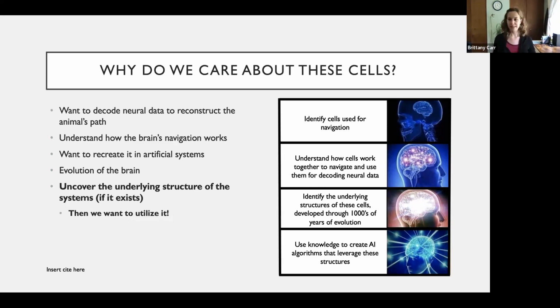It also gives us some insight as to how the brain evolved, right? Because they've found certain kinds of these cells in mice, but also in primates and cats. There's some evidence for humans, but as you can imagine, human testing is a little more controversial than testing on animals. And if we can uncover this underlying structure of the systems, if it exists, which hints it does, then we want to be able to utilize it.